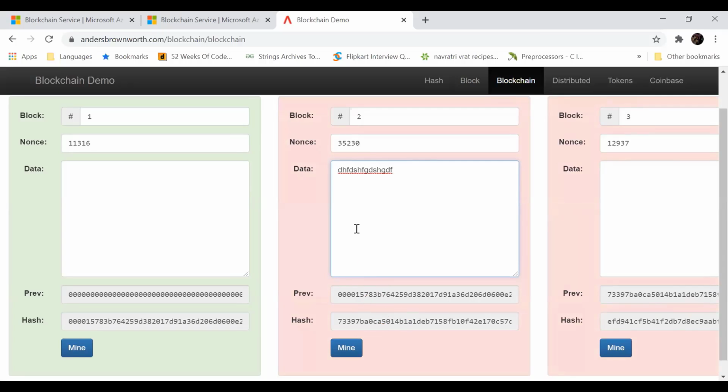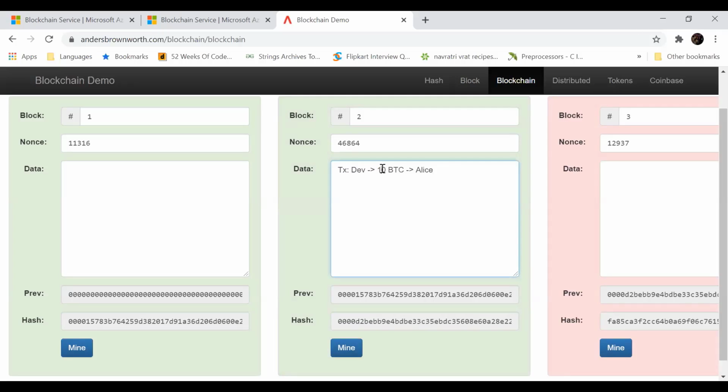Because the hash is completely dependent on the data that is present in your data section. So if I say initially that the transaction is, say, Dave sent 10 Bitcoins to Alice, right? And if I mine this block, of course, then this block gets added onto the blockchain. That means this particular data is now recorded on the blockchain.